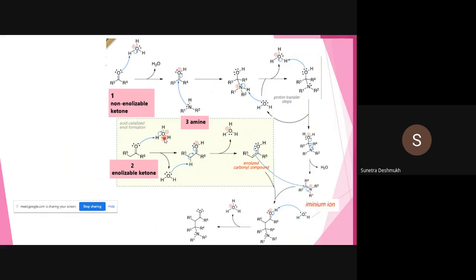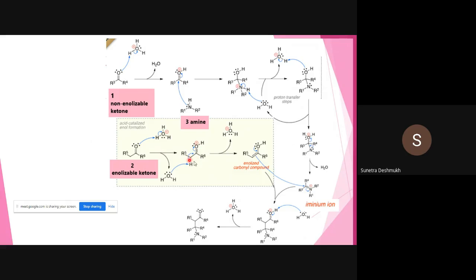First, the enolizable ketone is protonated by the acid, the hydronium ion H3O+, generating a water molecule. Once we protonate this carbonyl oxygen, this hydrogen becomes even more acidic, and this water can abstract this proton.